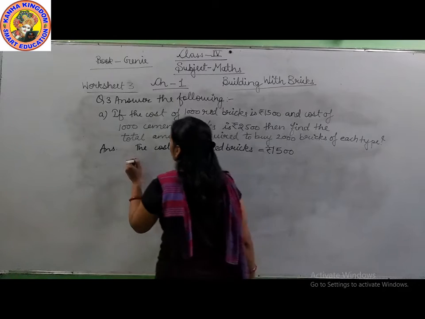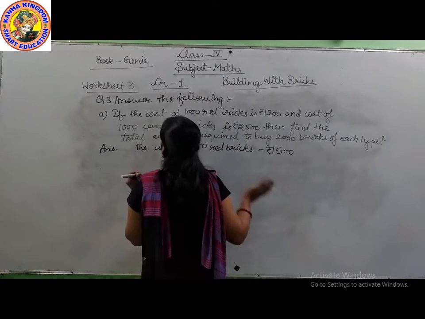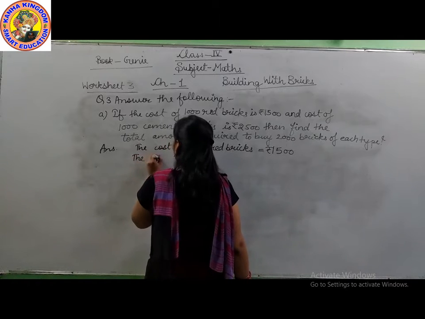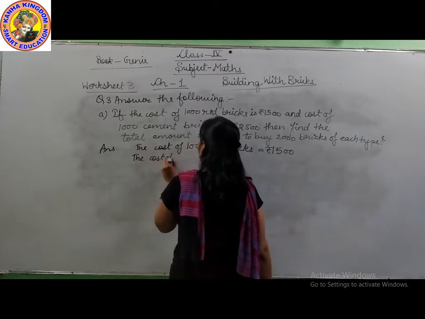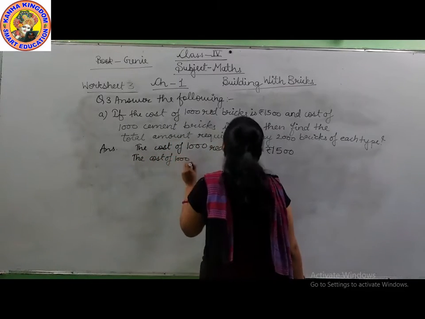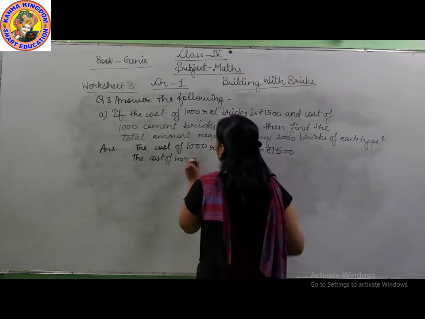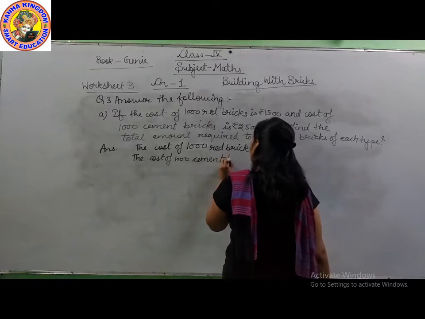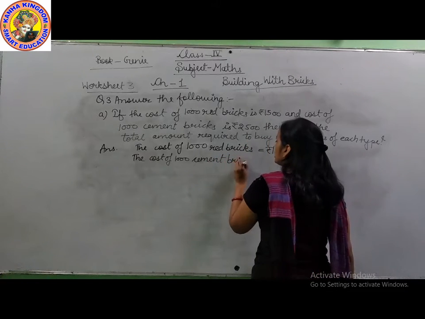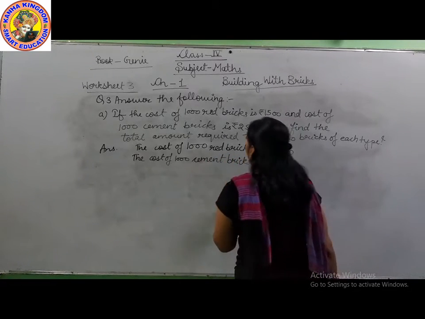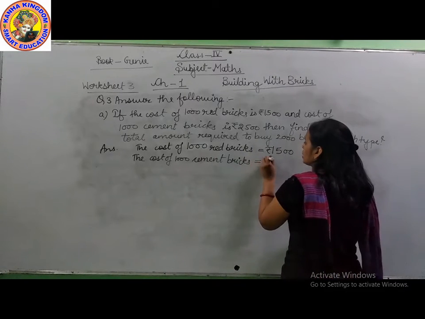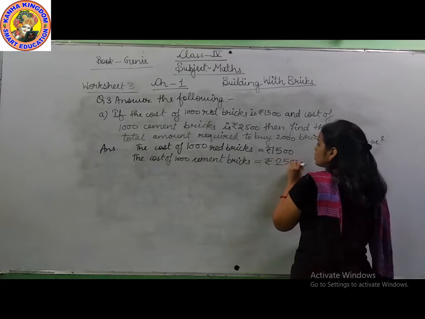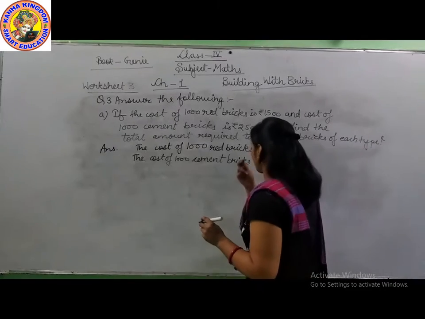Now the cost of 1000 cement bricks. First we write the cost of red bricks, then we write the cost of cement bricks. 1000 bricks cost is 2500.